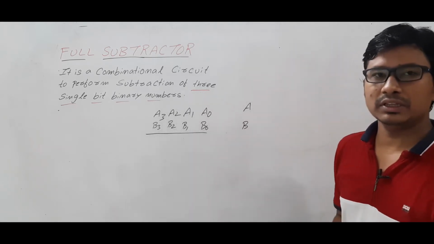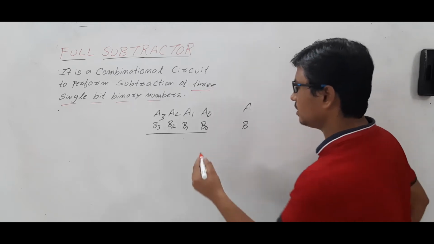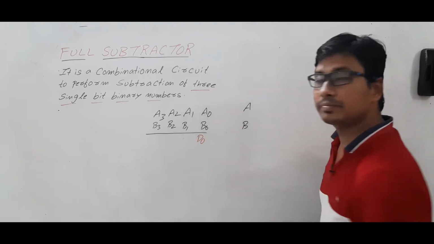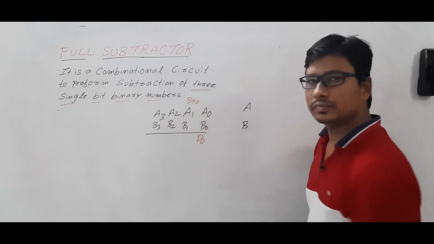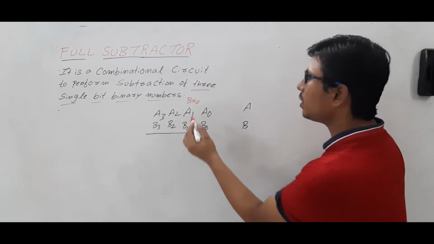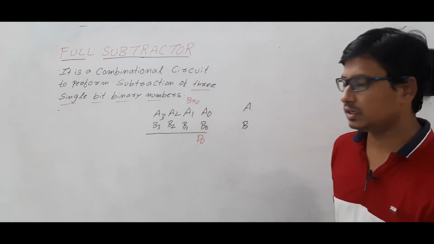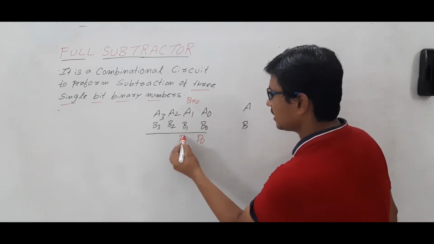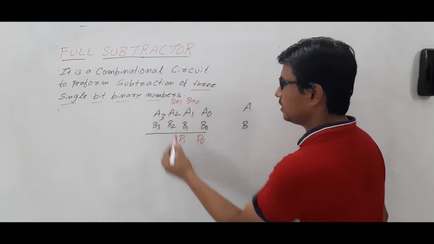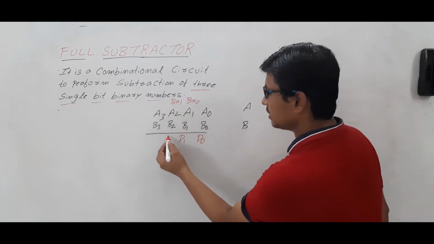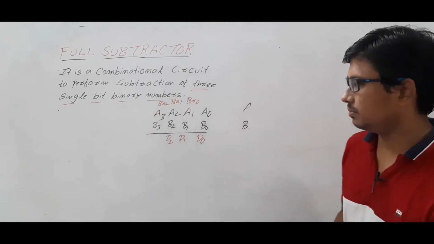Whenever I perform the difference of A0 and B0, I will get the difference D0 and also the borrow. Again, with this borrow, A1 and B1, I will perform the subtraction. I will get the difference and the corresponding borrow. Again I will perform it, I will get the difference and borrow, and like that I will continue. Am I right or wrong?